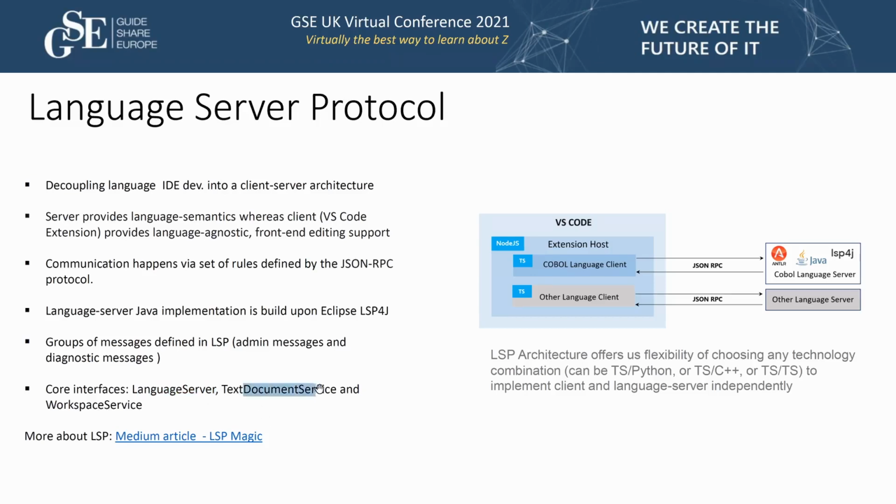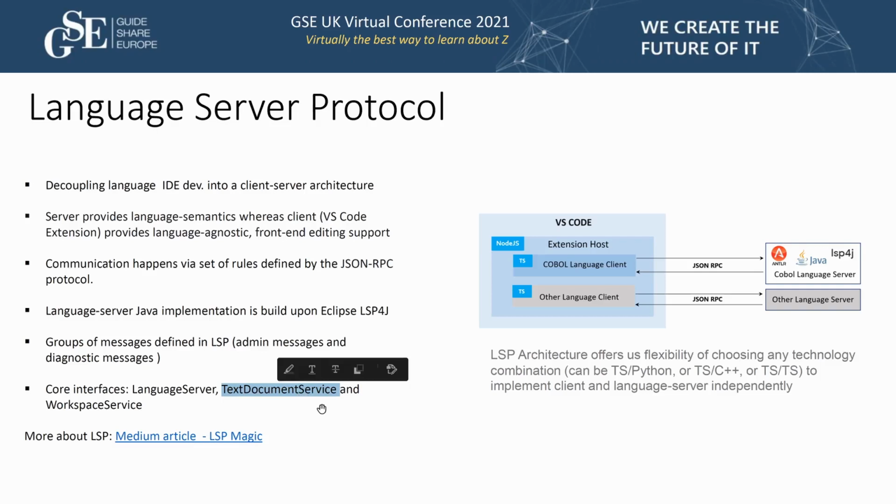The text document service is the main service, which is responsible for the diagnostics. If a user is opening the document or changing the document, all those diagnostics are processed by the server, and the server responds with the appropriate error or warning message.